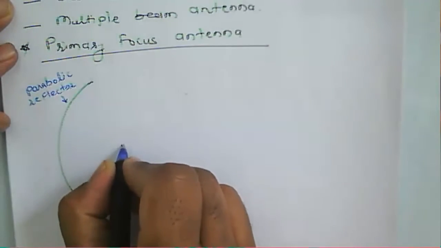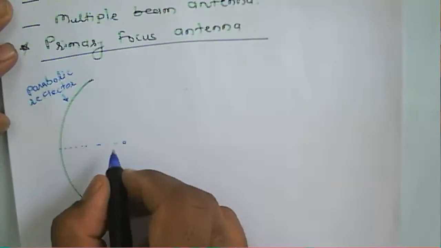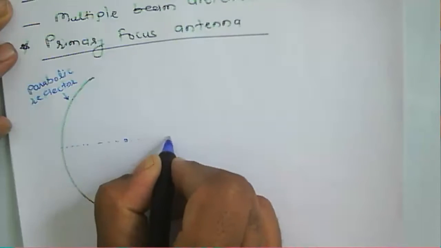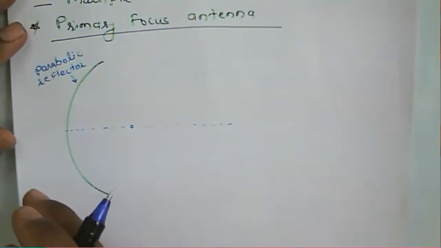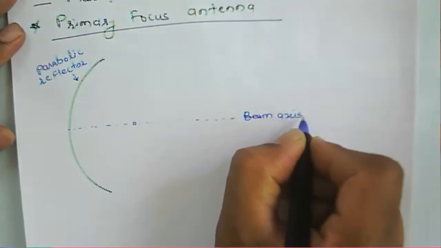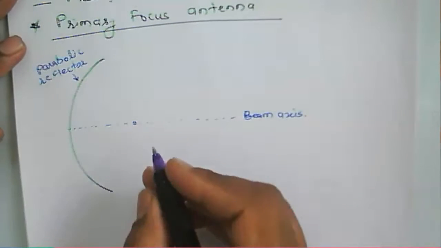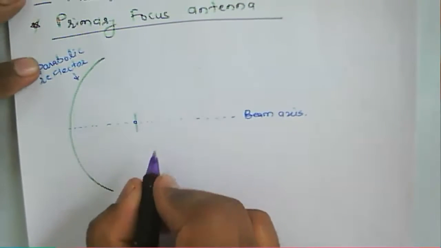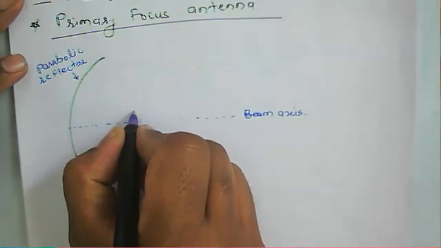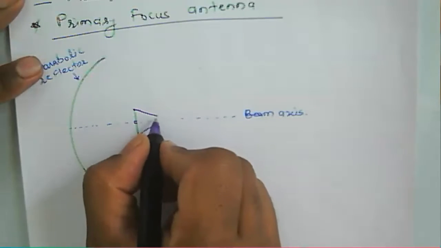This is nothing but the focus point for this parabolic reflector, and this one is the beam axis for this parabolic reflector. Along with that, at this particular focus, a feed horn antenna is to be used.